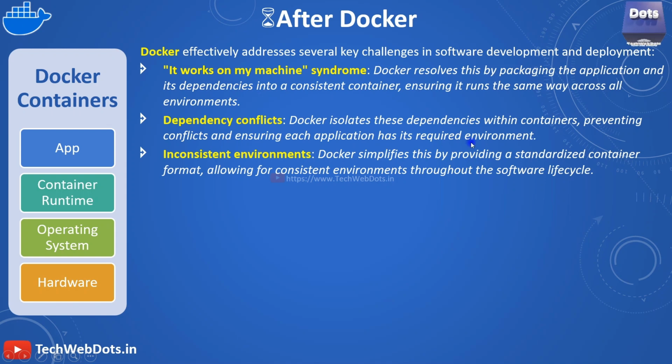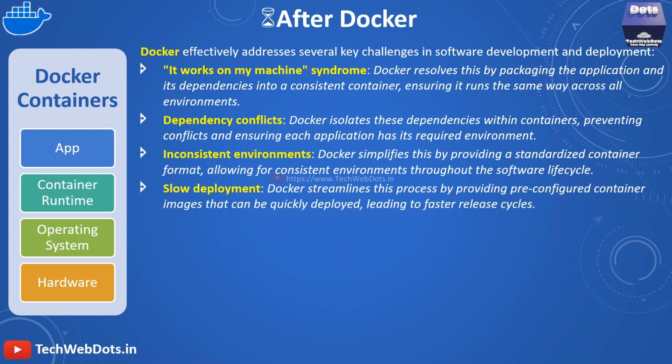Because of the whole dependency package, there is no problem of dependency conflict. Inconsistent environment: Docker simplifies this by providing a standardized container format, allowing a consistent environment throughout the software lifecycle. The way it works in the dev environment, it will work the same way in testing or production. There will be no change.